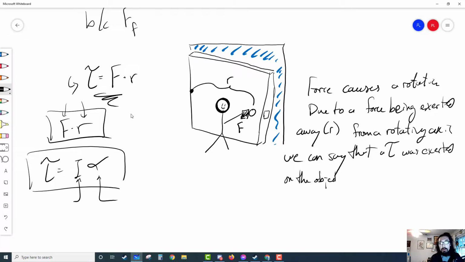Now, this is really cool because this actually tells us why the handle of the door is always the furthest away from its pivot point. You'll never see a handle right here if it's rotating about this axis. That's because the further away you are from the rotating axis, the more torque you can exert.